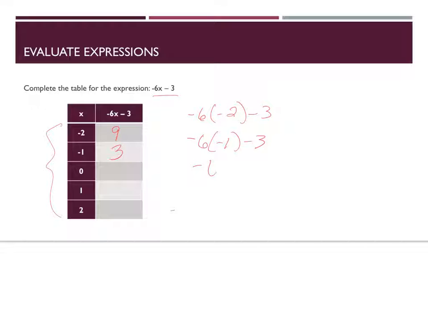We'll do it again for an x of 0. For an x of +1. And for an x of +2.